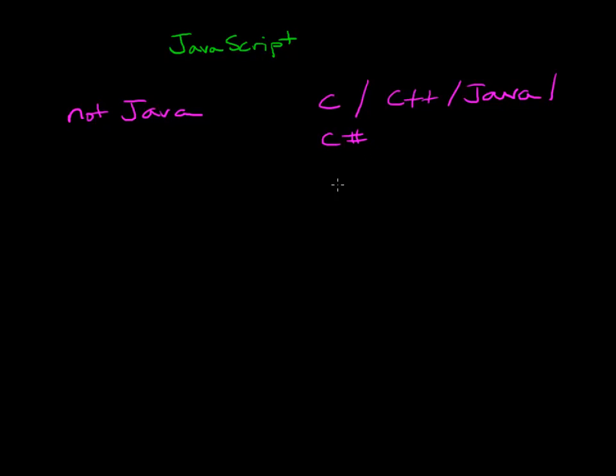And you'll find it immensely easy to transfer as well to ActionScript, which is what Flash uses. And even programming languages like PHP won't be too difficult to transfer to if you know JavaScript, because they have a lot of similar structures in them.